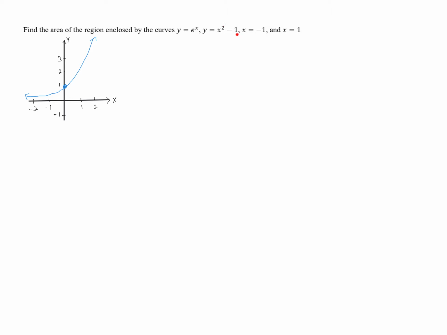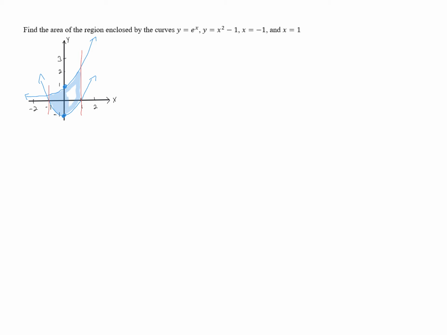If we look at y equals x squared minus 1, that is a parabola whose vertex is at (0, -1), and opens upward, something like this. And we know that we are looking between -1 and +1. So that also is going to give us some boundaries. And so the region that we're looking at is this region in here.